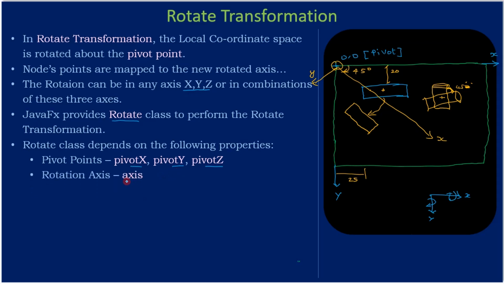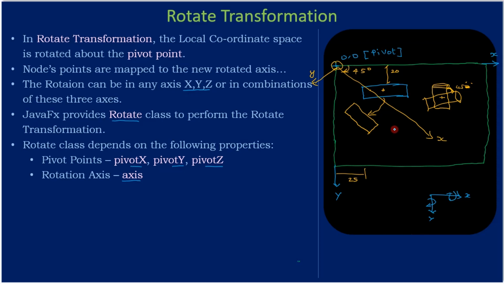After that, we can tell what is the rotation axis. Based on this rotation axis, the rotation will be performed. So the origin of rotation depends on this pivot point. Then which axis you want to rotate about depends on the rotation axis. Since we took a two-dimensional rectangle here, we rotated it in z-axis to see the effect.